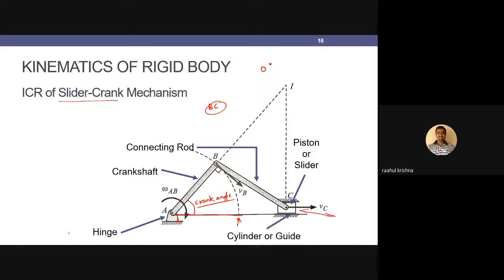When AB is in this position, what should be my instantaneous center? Can you try to think? Here A is here, B is here. So where will C be?